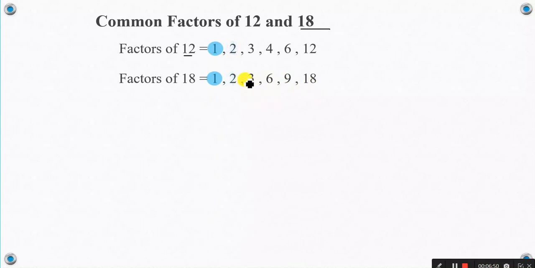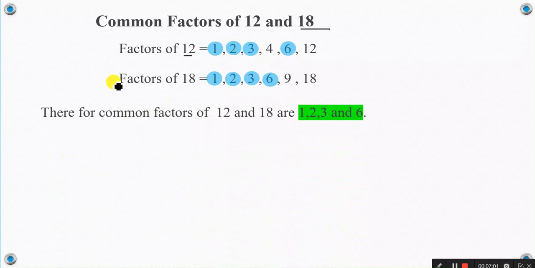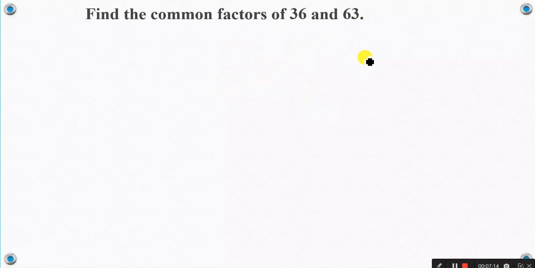As we see, 2 is a common factor, and 3 is also found in both numbers. Again, 6 is also found in both. So the common factors of 12 and 18 are 1, 2, 3, and 6.